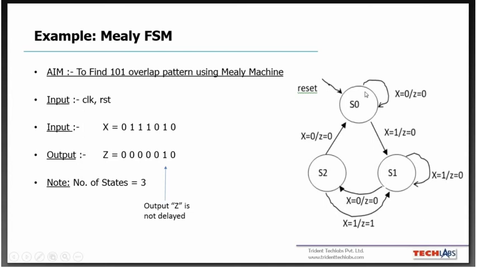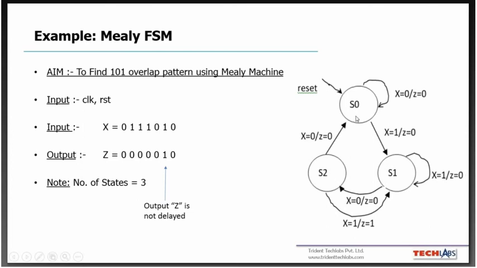Here you can see that in Mealy FSM, as I already told in the definition, the output depends not only on the current state but on the current inputs as well. That is why in the transitions or arcs you can see both input and output. In every transition you can see input and output, and we don't have any output value assigned to the states, either state 0, state 1 or state 2.